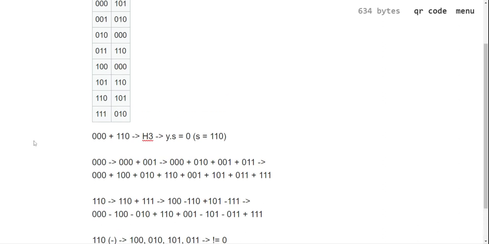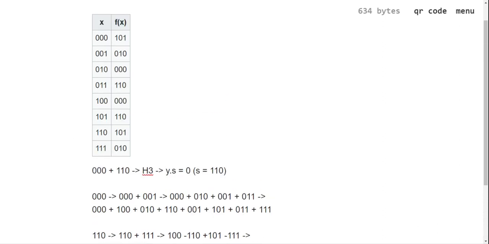So basically, it could be any two, right? And there could be many S's in here, so there's not just one S. The idea is that there's that relationship.